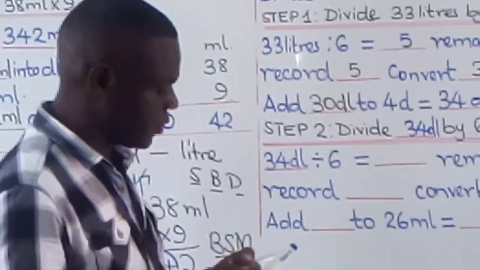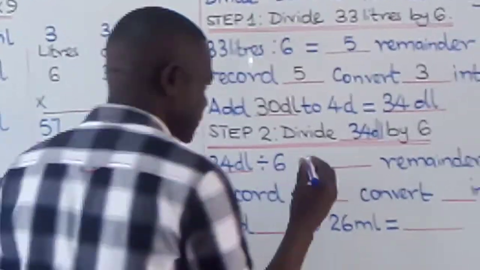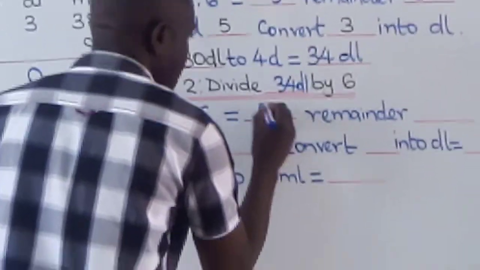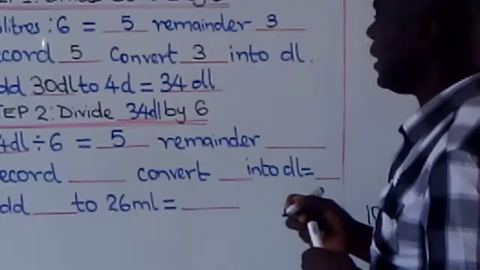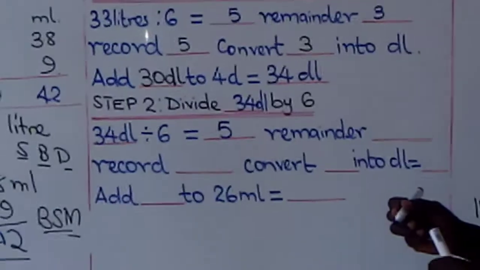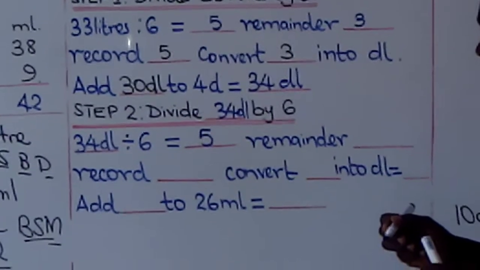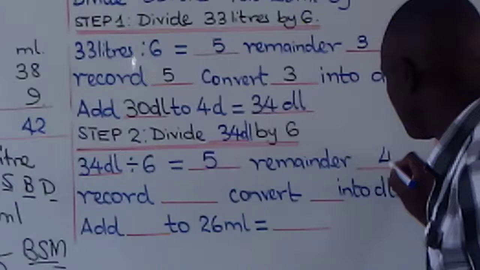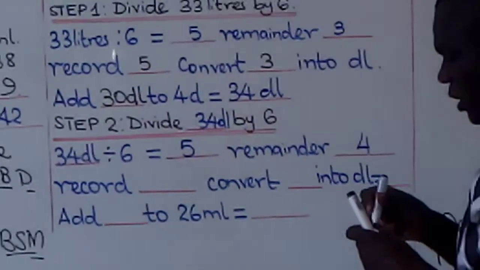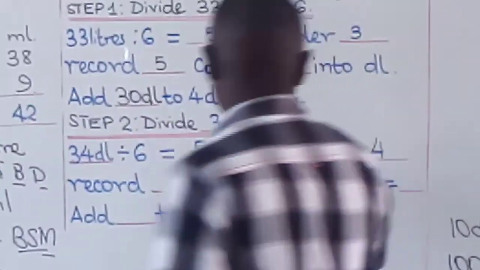And so it's because of 5. So 5 multiplied by 6, we get 30. So the remainder is 4. And so what are we going to record? We are recording 5.